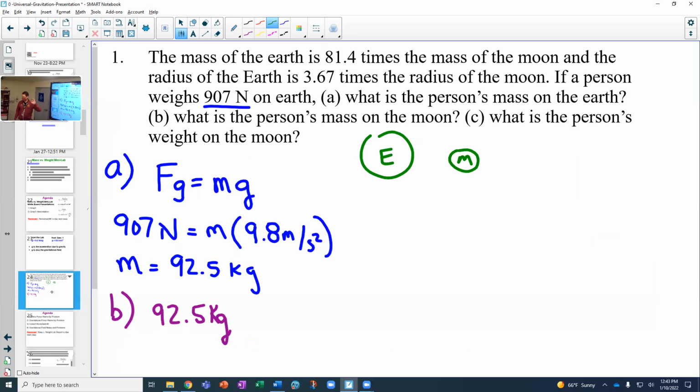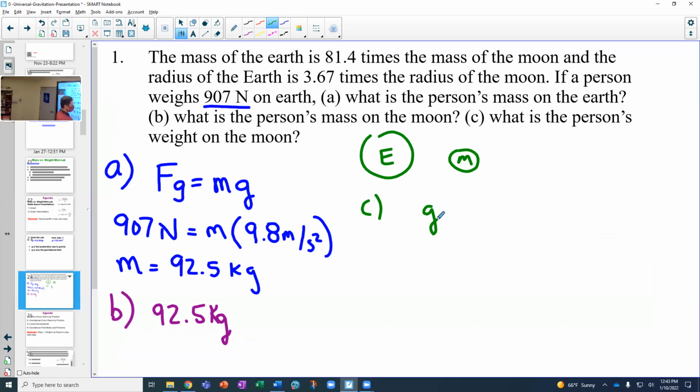If the moon has less mass, will that make gravitational force bigger or smaller? Smaller, okay? So what I'm going to show you proportional reasoning wise is, let's find the value for g on the moon, okay? And we know what it is on Earth, so let's use proportional reasoning.